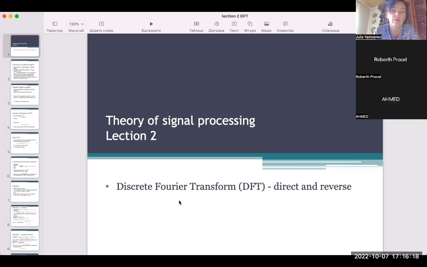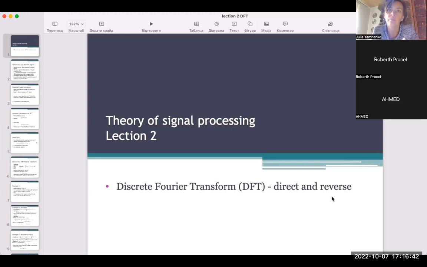Yeah, we will start. Discrete Fourier transform, direct and reverse. It means that we will consider the methods of how to go from the initial original function, that is normally defined in the time domain, like dependence on time, to the spectral area or to the area of images.